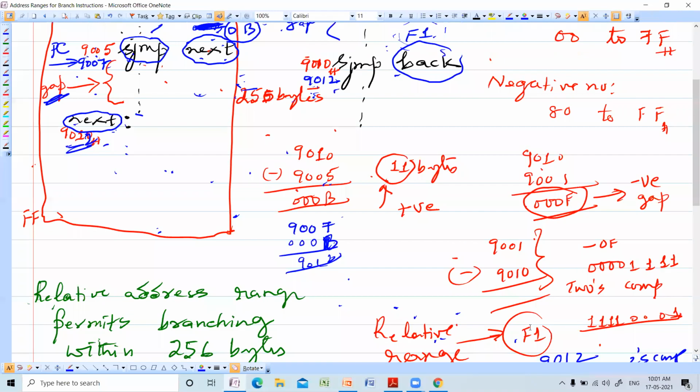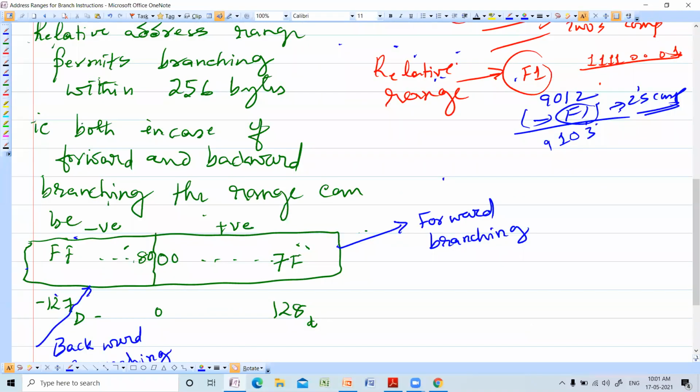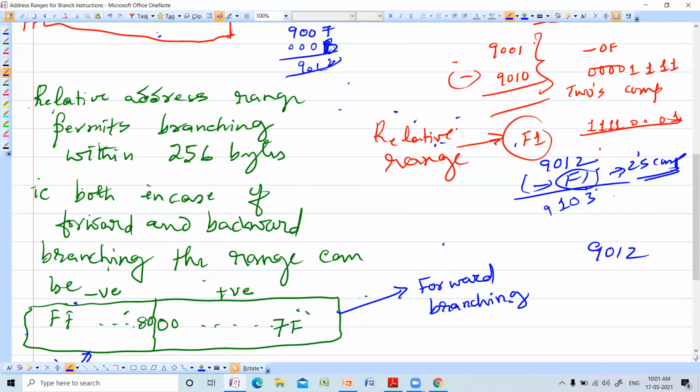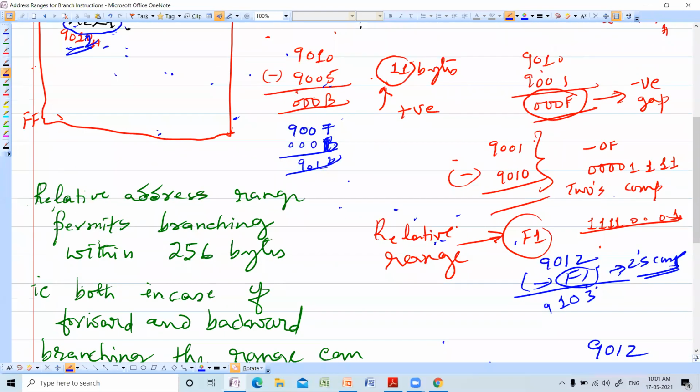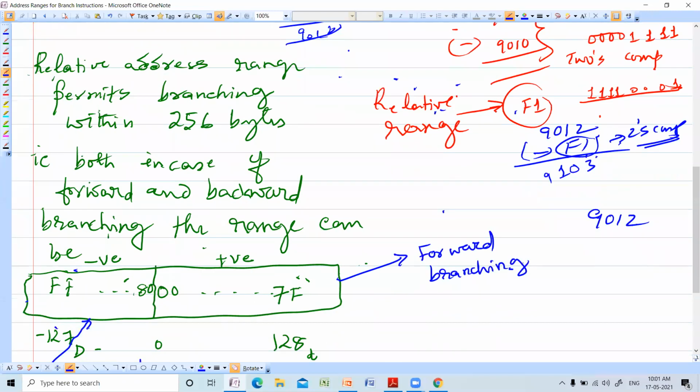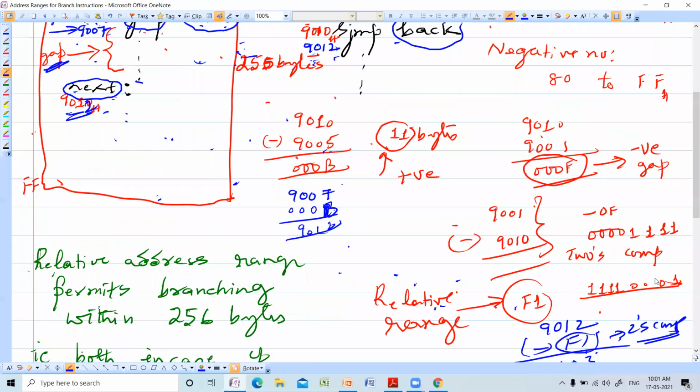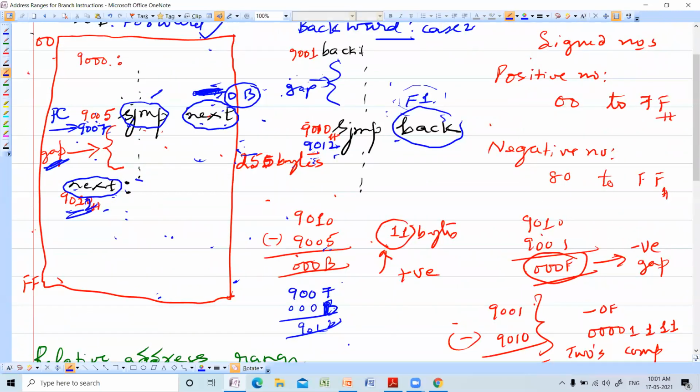When you are subtracting this, what do you have to do? Simple. 9012 minus the 2's complement of F1. What is the 2's complement of F1? It is F. So you are going to get here 0003.